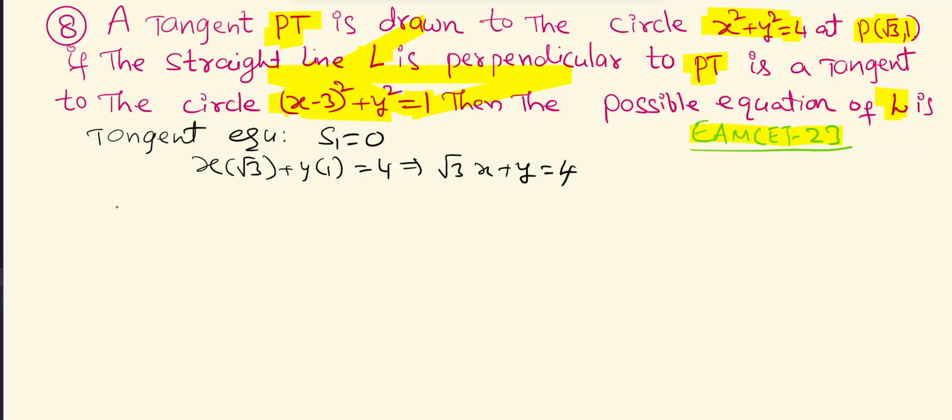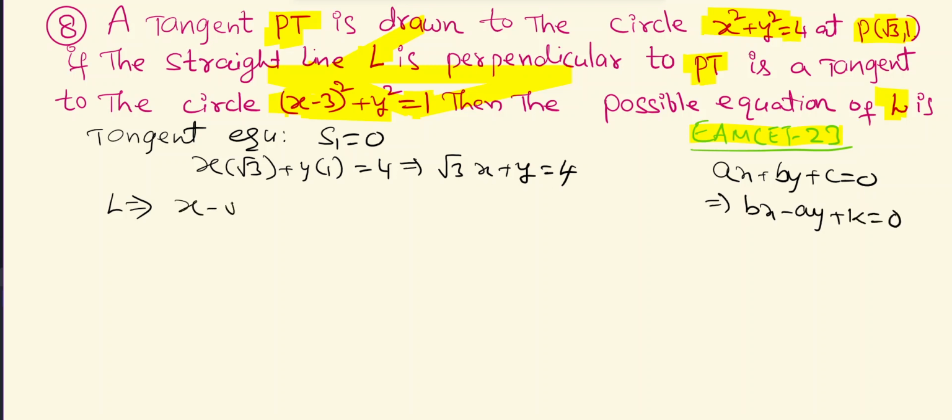The line L is perpendicular to this line. For a line ax + by + c = 0, the perpendicular line is bx - ay + k = 0. So this is x - root 3 y + k = 0.